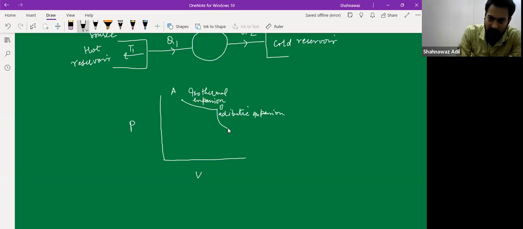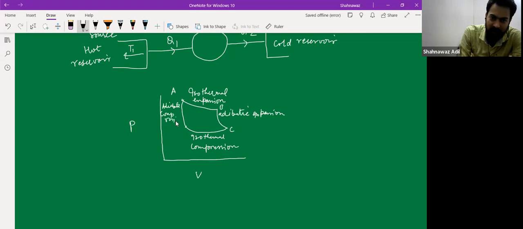And this is point C. So we do an isothermal compression this time, and then again the adiabatic compression. So this is the idea of the Carnot cycle.